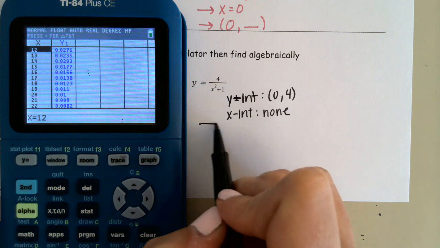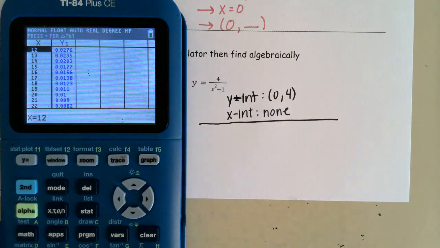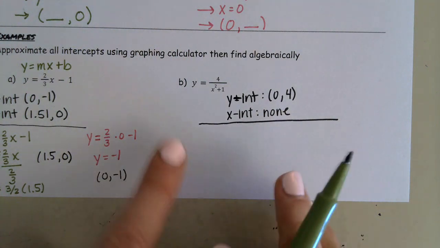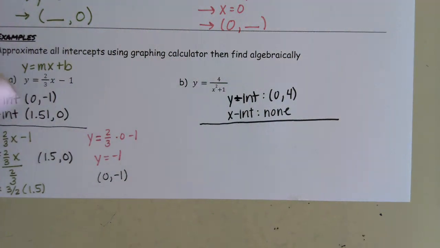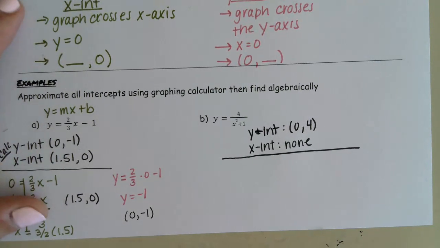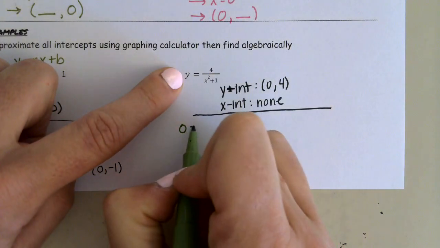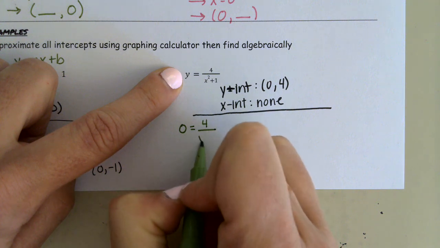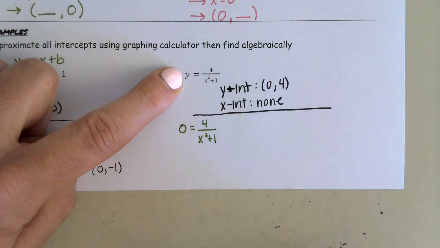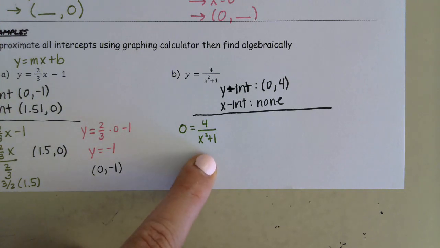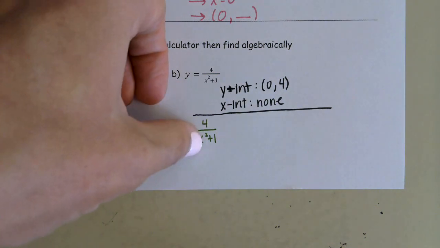Now let's check our calculations. Now we're going to use our algebra skills. My x-intercept is when y equals 0. So I change y to 0, equals 4 divided by x squared plus 1. How do I make a fraction into 0? The only way for me to make a fraction into 0 is by doing 0 divided by something.